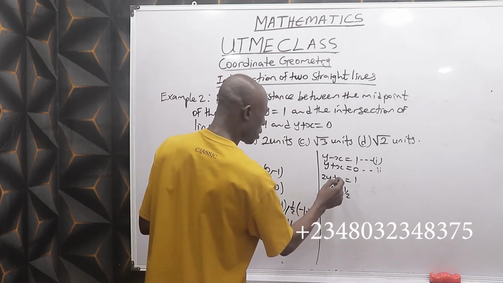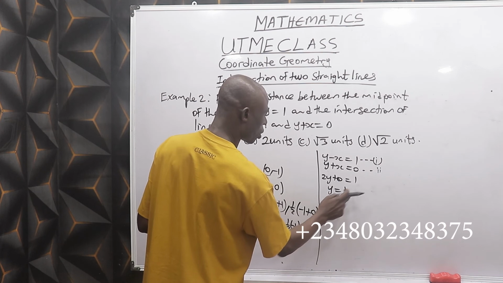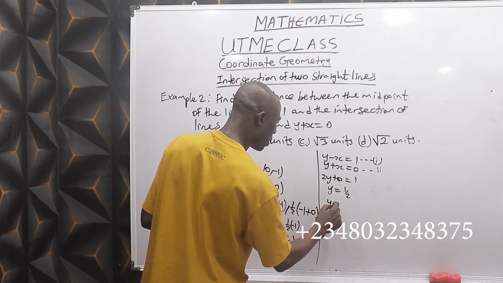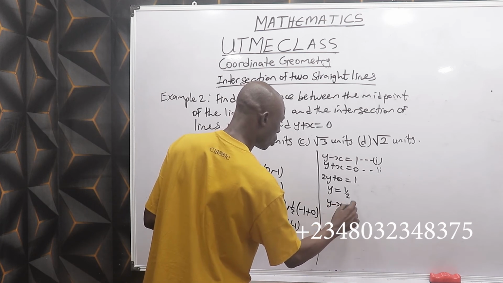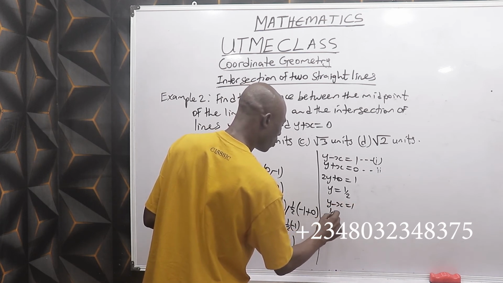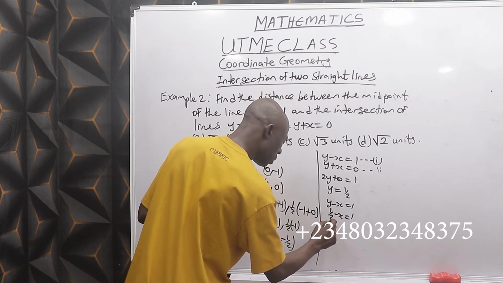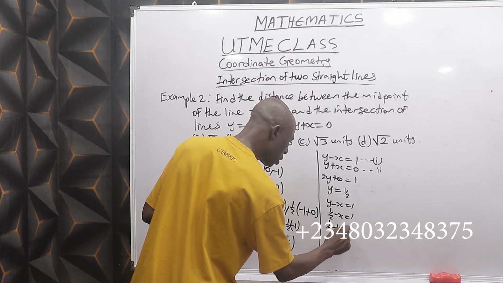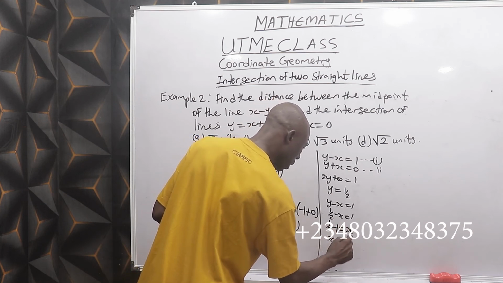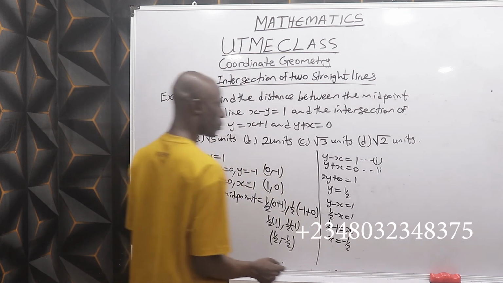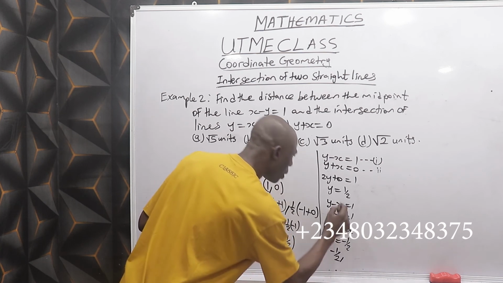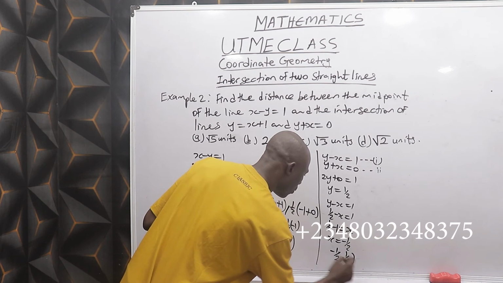Solving it simultaneously, put y equals half into either equation 1 or 2. We have y minus x equals 1, half minus x equals 1. That is 1 over 2 minus 1 equals x. So x equals minus half. So x is minus half, comma, y is half.